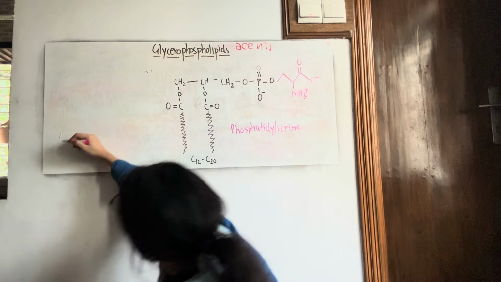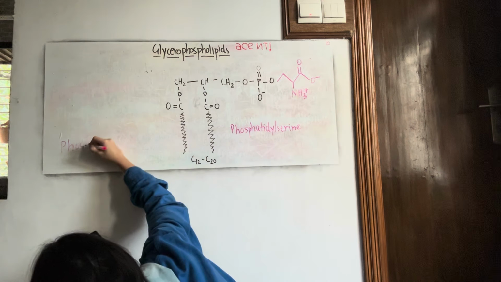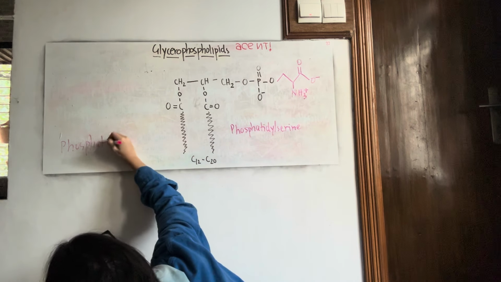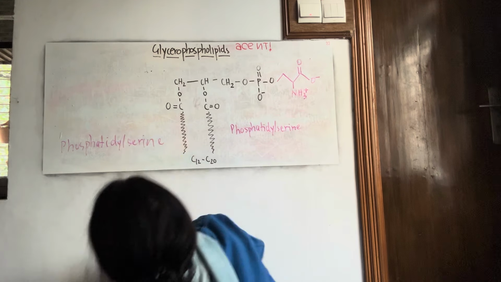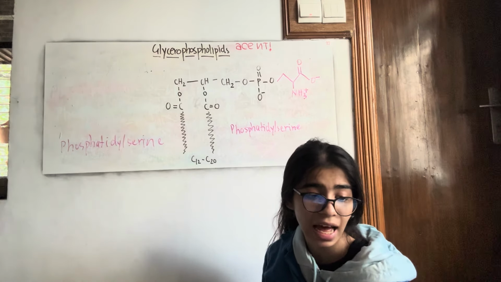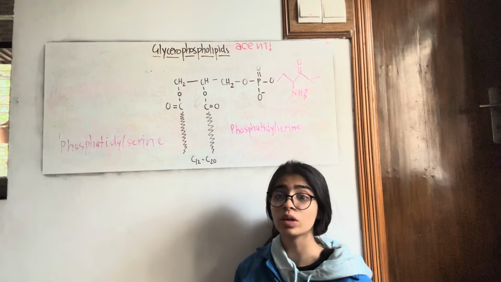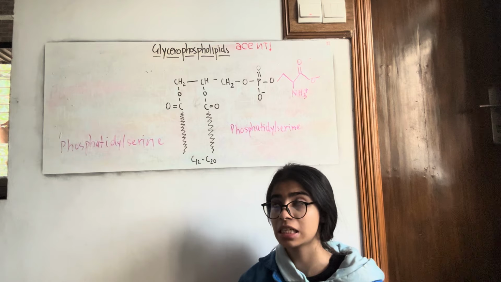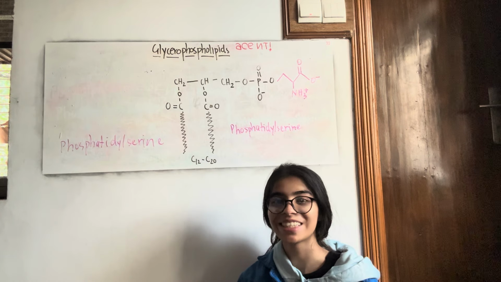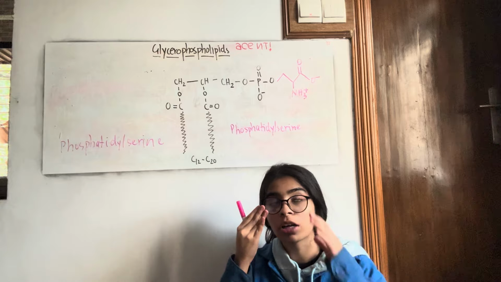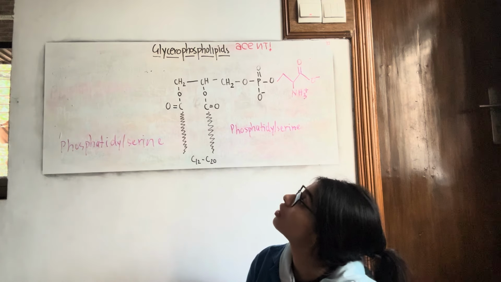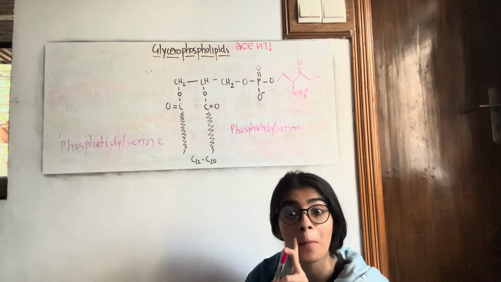So this is it for all the glycerophospholipids. Wait, hold on. We had phosphatidic acid, phosphatidylcholine, phosphatidylethanolamine, phosphatidylserine. I got that right. Then there was another category. So phospholipids are 2 types: glycerophospholipids and sphingomyelins.